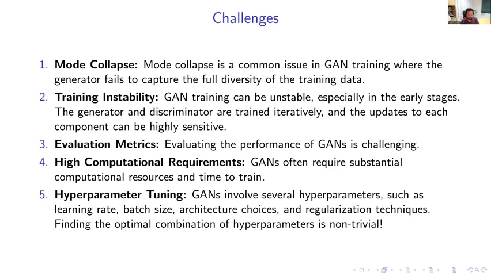They are both neural networks. If you're working with images, they are usually convolutional networks, and they come with their own hyperparameters. As we know, there are learning rates, batch sizes, architecture choices, regularization techniques, and so on. All this makes GANs really difficult to train.